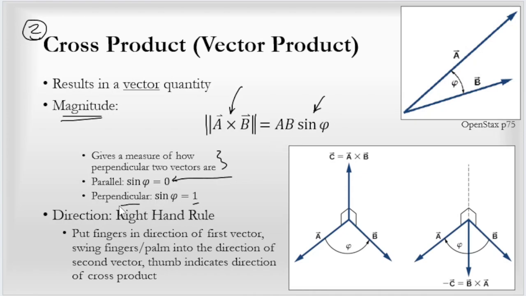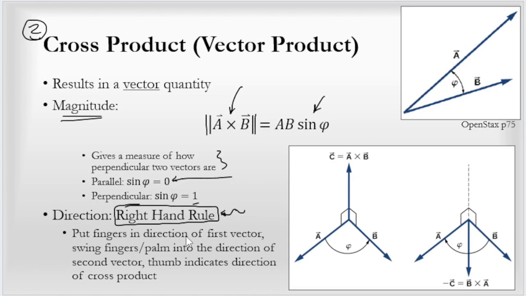In order to find the direction, I have to use the right-hand rule. This is where we start getting into the vector nature of the cross product, using the right-hand rule to cross vectors into each other. So I typed out the instructions here. I'm going to read them, but then I'm also going to walk you through it with the picture.